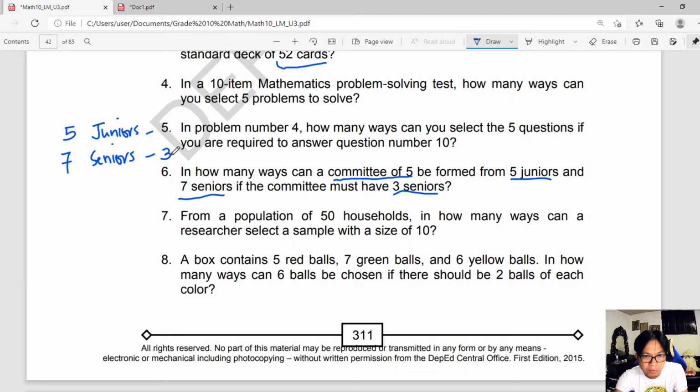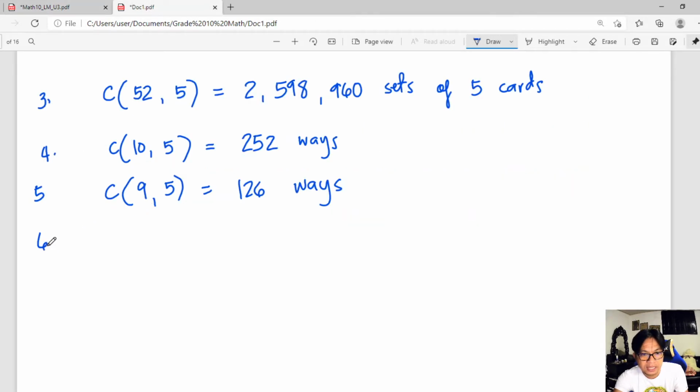Ibig sabihin, para mabuo na 5 sila, 2 yung kailangan natin sa junior. Kasi ang condition dito, tatlo man daw ang seniors. So ibig sabihin, dalawa yung galing sa junior. So, ibig sabihin, magiging ganito yung answer natin. For the junior, ito siya, combination of 5, lahat yung junior, no? Ang kailangan lang natin is 2 times, sa senior naman, we need 3.